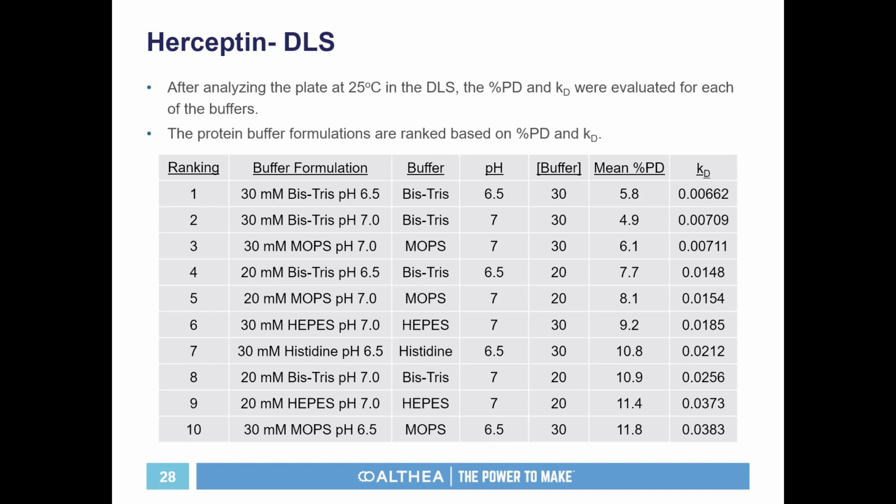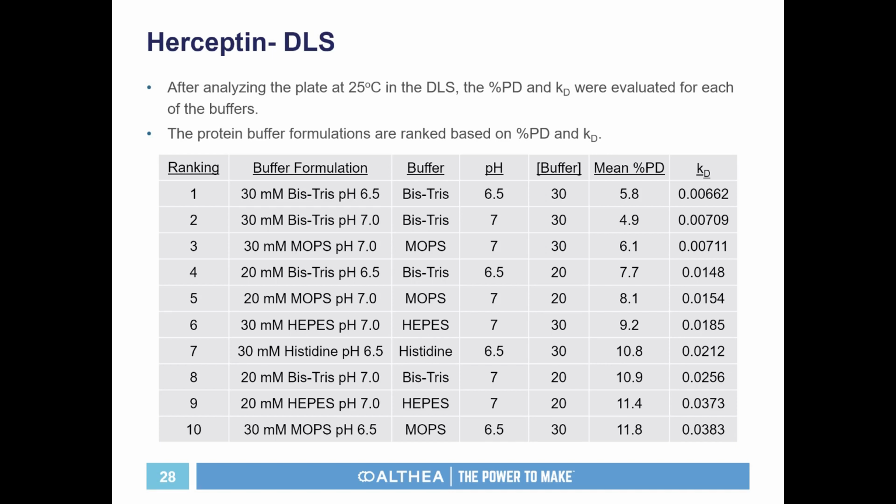First and foremost, we look at the percent PD. Anything above 20% is an automatic no. We cast that out. We don't even consider it because we need a monodispersed protein in whatever buffer that we're looking at. So anything 20% or 19 and below, really that gets a green light, and we're able to move forward with the next parameter. And that next parameter is that KD value.